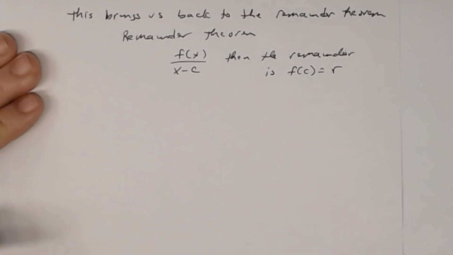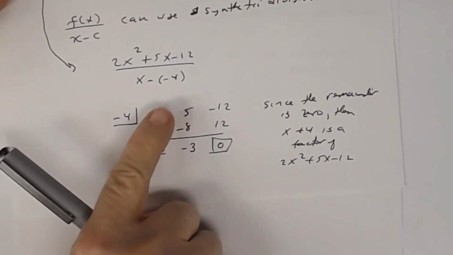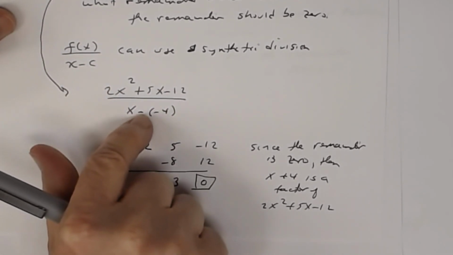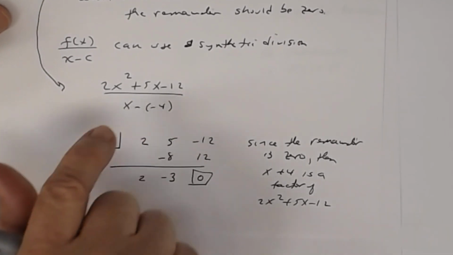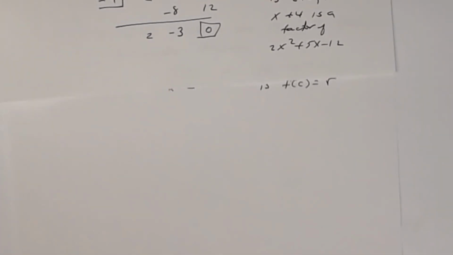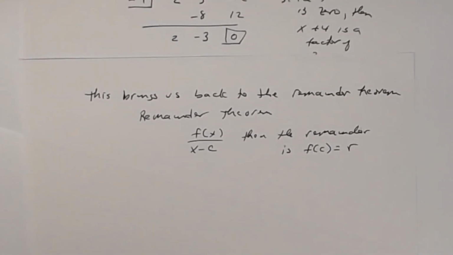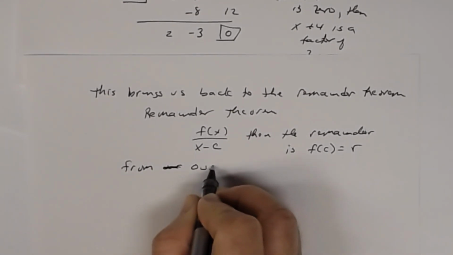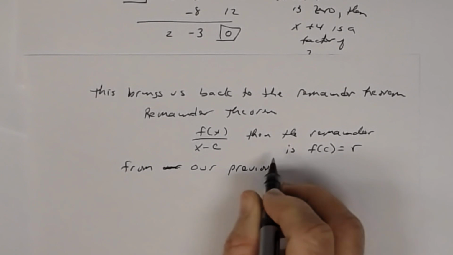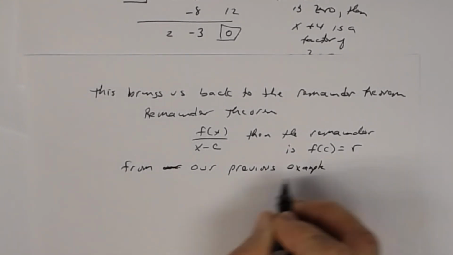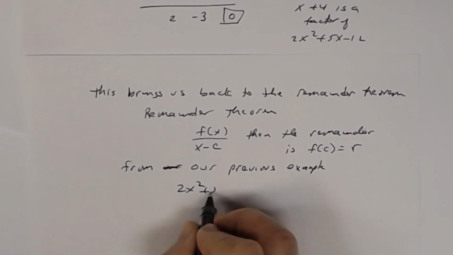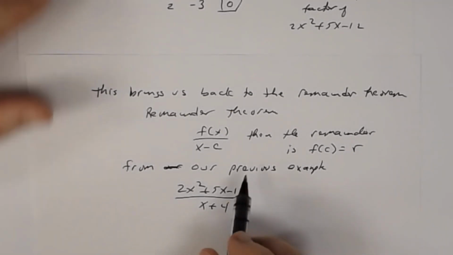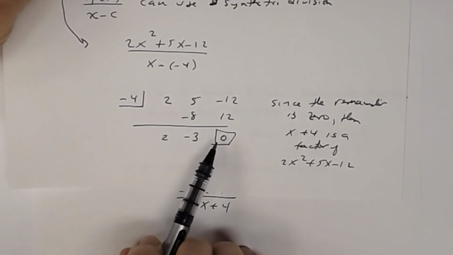Okay? So then that brings us back to what we were talking about. See this right here? f of x is being divided by x plus 4. From our previous example, where we had 2x squared plus 5x minus 12 divided by x plus 4, we saw the remainder 0, right?